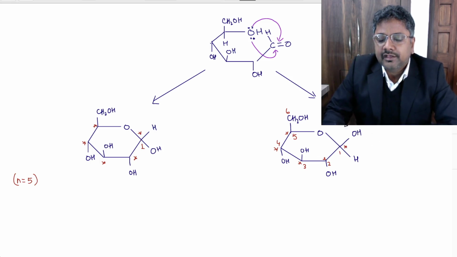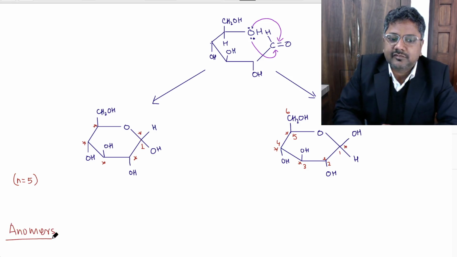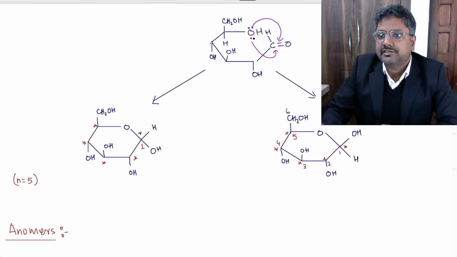This isomer related to carbon number 1 is called anomers, right? So what are anomers?